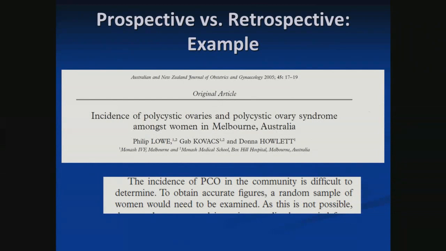There's no reason why the men were coming in for their infertility, and so the partners could have been just a random sample of the population. And out of the 100, let's find out who has PCOS. So they did that. It was actually a very clever way of getting the women in the door, but the problem was they keep calling it incidence. Is it incidence? There's no time. It's very, very clearly prevalence.